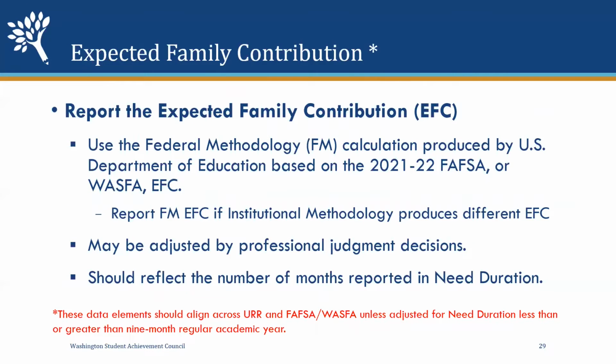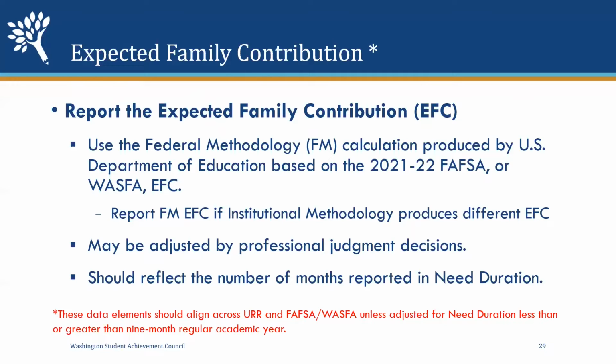Report the expected family contribution. Use the federal methodology calculation that's produced by the U.S. Department of Education based on the 21-22 FAFSA or the WSFA. We're asking those institutions that use an institutional methodology to please use the federal methodology EFC if it produces a different EFC.